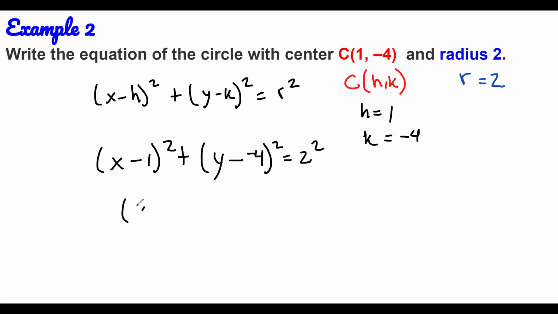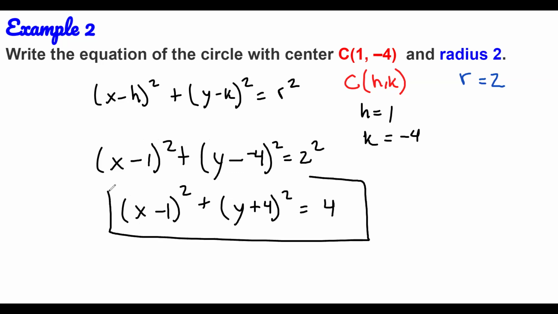All right. X minus 1, let's go ahead and simplify one more time. Plus y minus -4 becomes a positive 4 squared equals 4. And there you go.